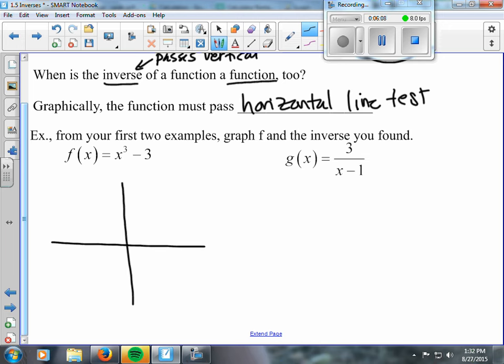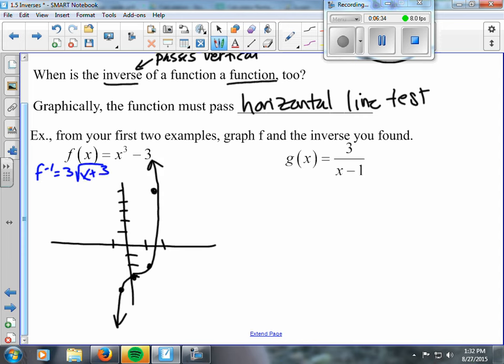Okay, so let's do this example here. I had x cubed minus 3 as my original f graph. And I'm just going to plot a couple of points here. This is my x cubed graph. The 0 part is where it flattens. And then my inverse was cube root of x plus 3.